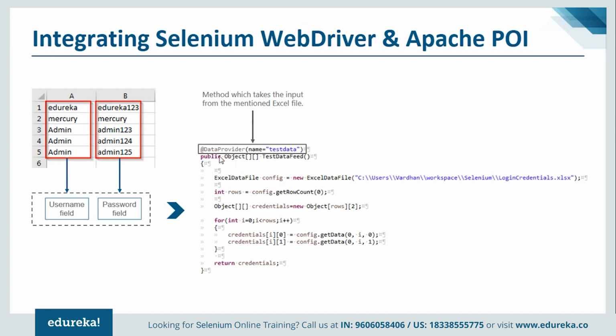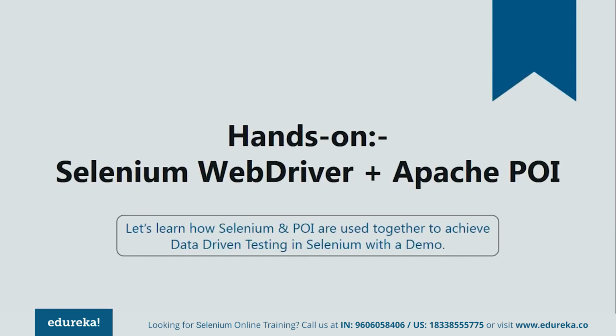So here is where I'm using the data provider, and I'm calling that Excel file. I'm providing the path where it's present. This might be a little confusing right now, but when I get started with the demonstration, I could explain it in a better fashion. So let's go to the hands-on now and see how this can be achieved.